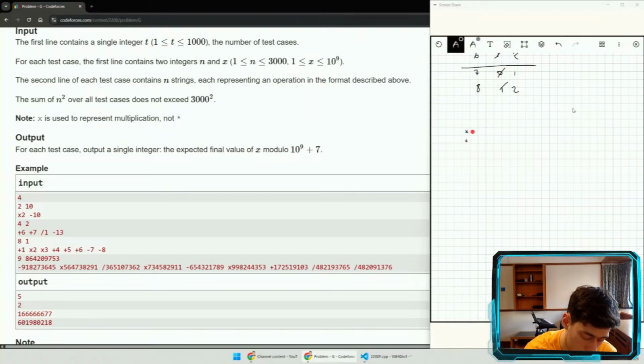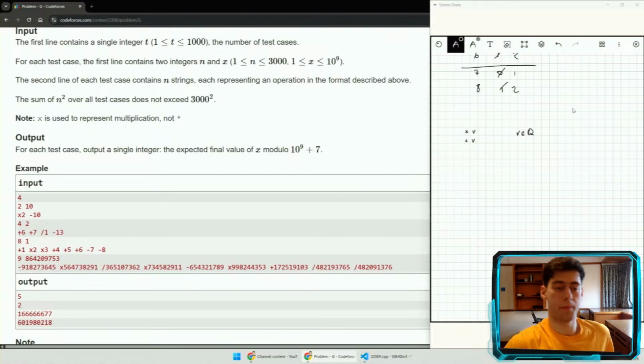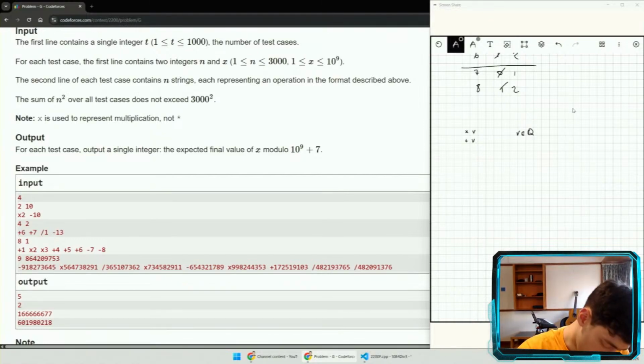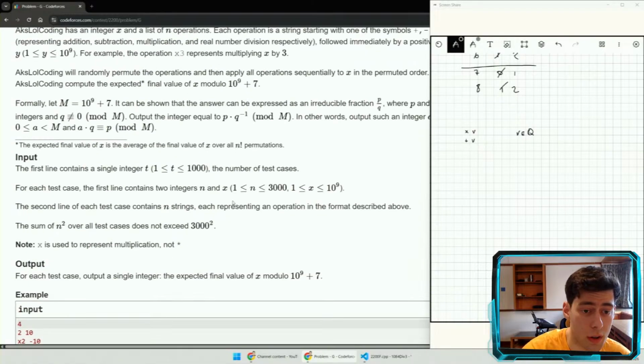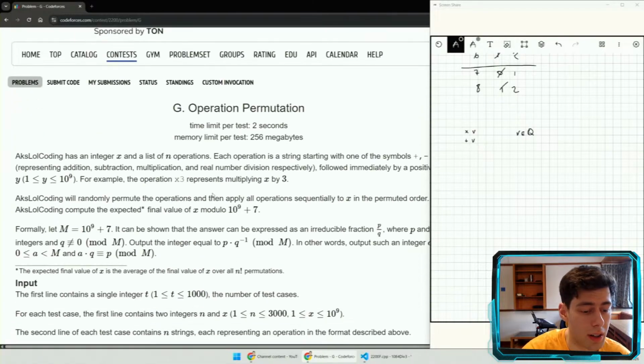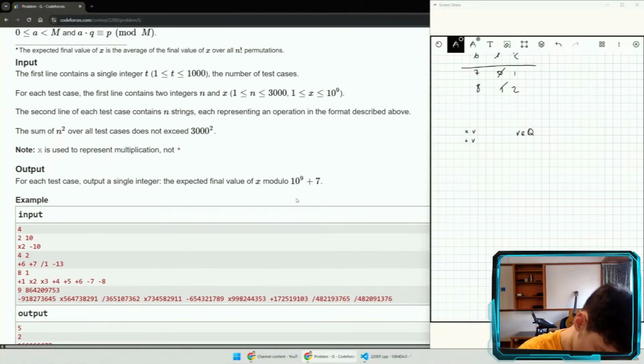So we've got either times v or plus v, where v is in Q. These are all our operations. And what do we start with? An integer x. So we're starting with x.